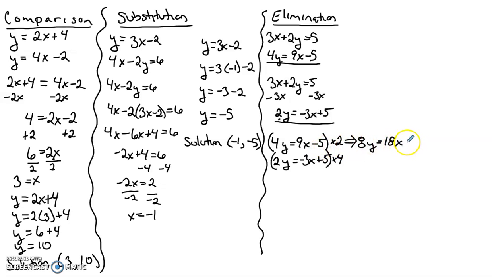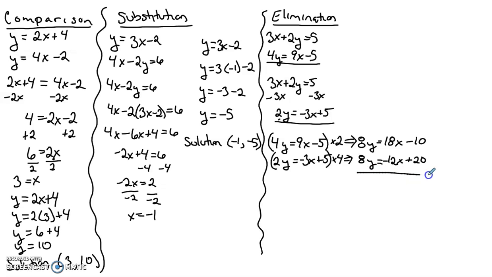Minus 5 times 2 is minus 10. This one, we'll multiply everything by 4. So we'll get 2 times 4 is 8y equals negative 3 times 4 is a negative 12x, and 5 times 4 is 20.